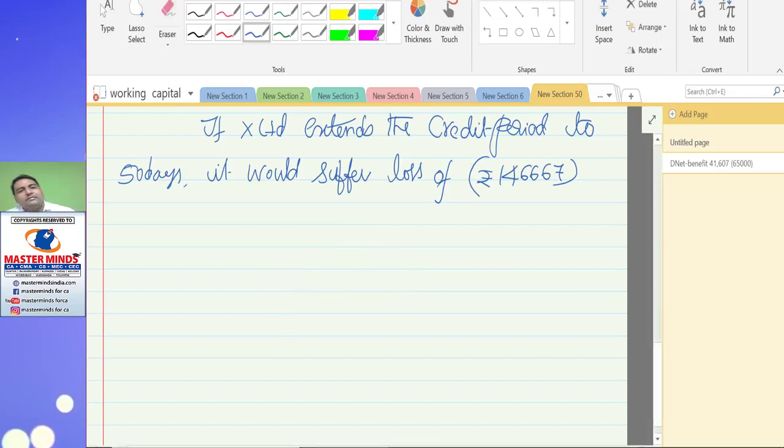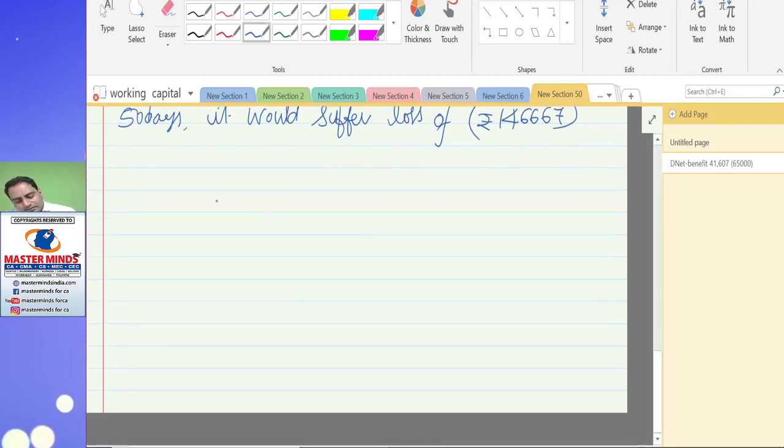This is how investment in debtors will be computed. At the same time, the valuation process will be completed. I repeat once again, investment in debtors. This is quite simple.